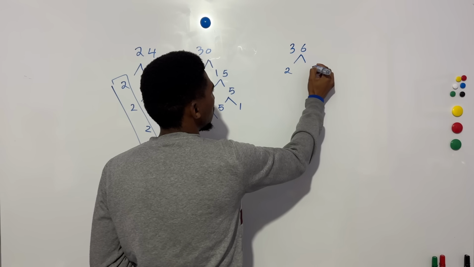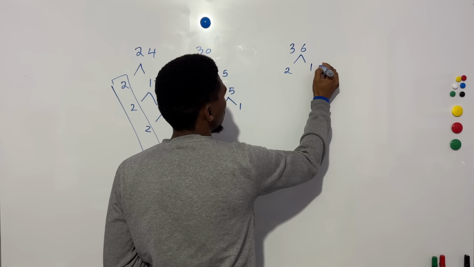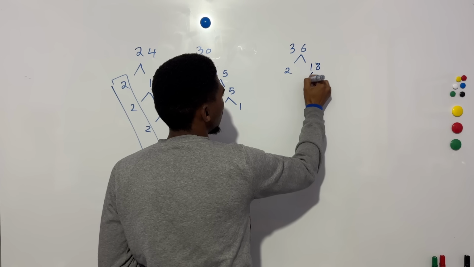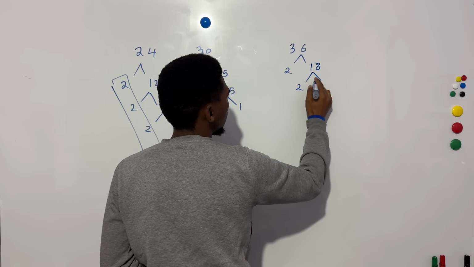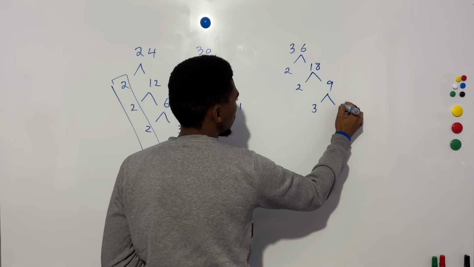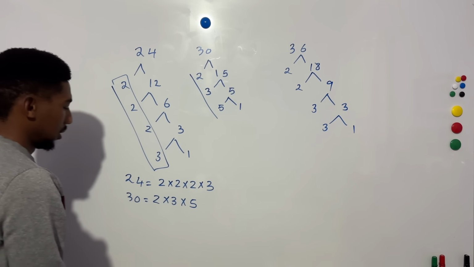I can divide 36 by 2, I get 18. Divide 18 by 2, I get 9. I can divide 9 by 3, I get 3. And I can divide 3 by 3, I get 1.